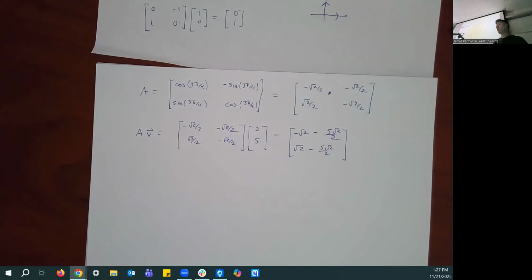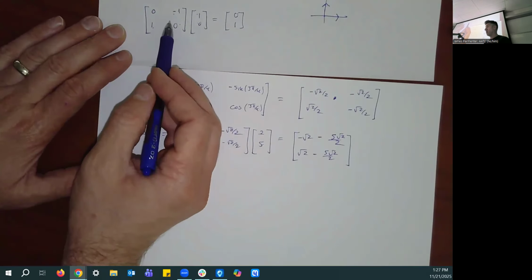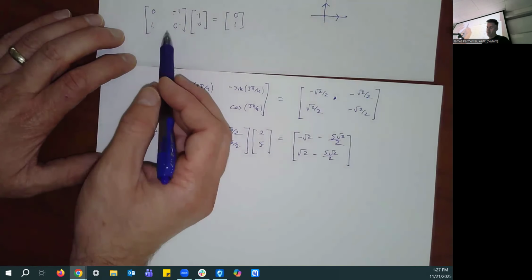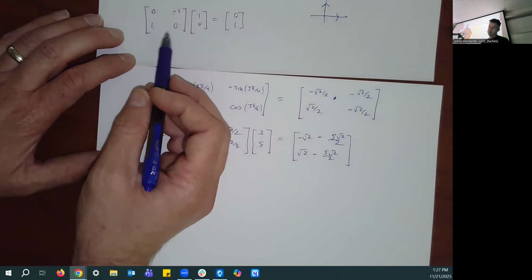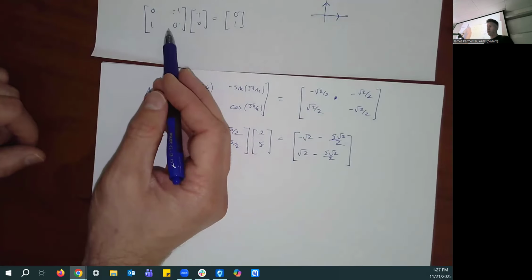But if it was pi over 2, I would still probably write it out just because I don't know how to make sure I do it the right way. Even though I know from what I wrote up here it should be this matrix, I'd still double check just to be sure. But you probably could be fine if it was just pi over 2, writing this matrix.